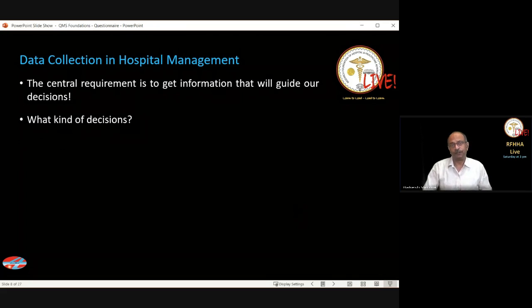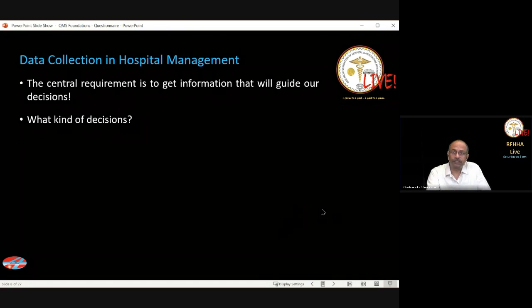We may be trying to collect data about how the staff behaves with patients. So we will ask the patient certain questions, and we want to find out: is there a need to train the staff to conduct themselves in a certain manner?